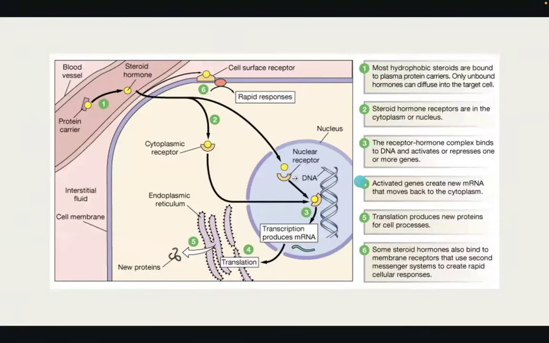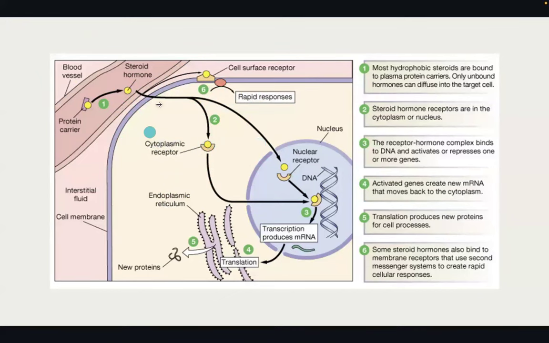Now, this is a very miscellaneous slide. I've just included it for the sake of completion, but it's just to reiterate that steroids are made from cholesterol, and they are lipophilic, which means they could bind in all of the ways that a hormone could. So it could bind to the cell receptor to create fast responses by secondary messengers like cyclic AMP, or it could cross the membrane and bind to a cytoplasmic receptor.